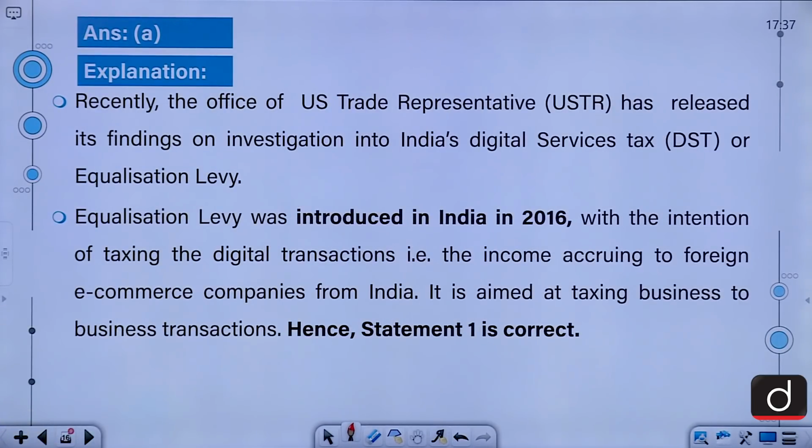Recently, the Office of the US Trade Representative has released its findings on its investigation into India's digital service tax, or equalization levy. This was introduced in India in the year 2016 with the intention of taxing the digital transactions, the income accruing to foreign e-commerce companies from India. It is aimed at taxing business-to-business transactions.